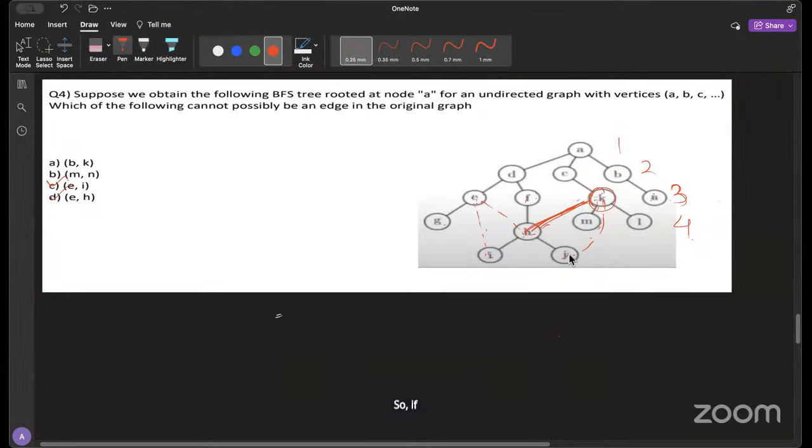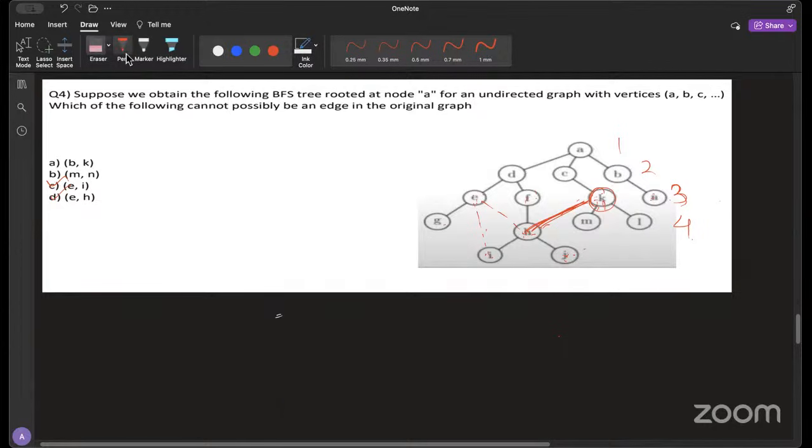So if J was actually connected to K via an edge in the actual graph, then J would be directly under K, on the same level as H. Then you wouldn't be writing J under H again. So you can't have edges like this. If you skip levels, 2 levels, 1 level and then 2 levels, then that can't be an edge.